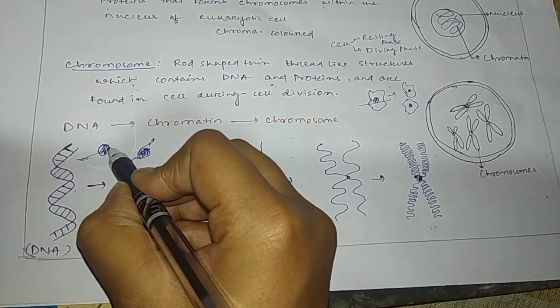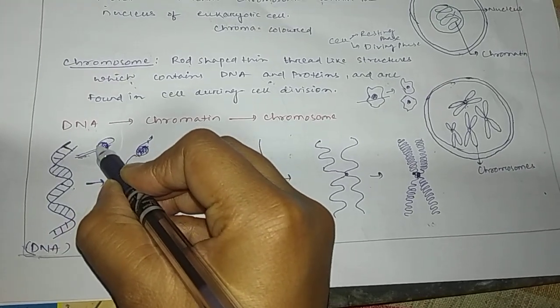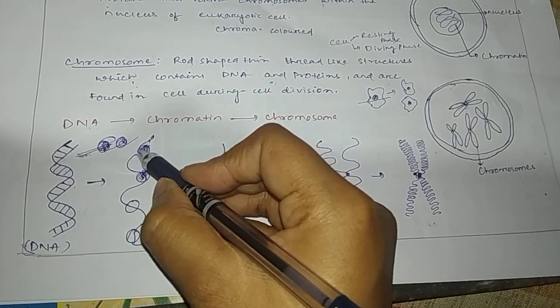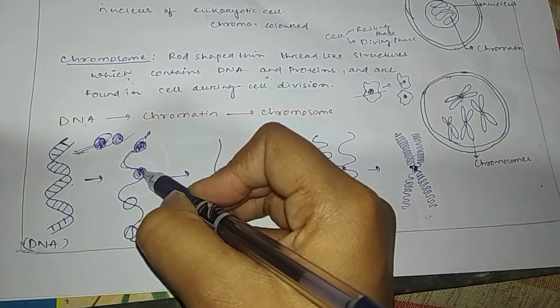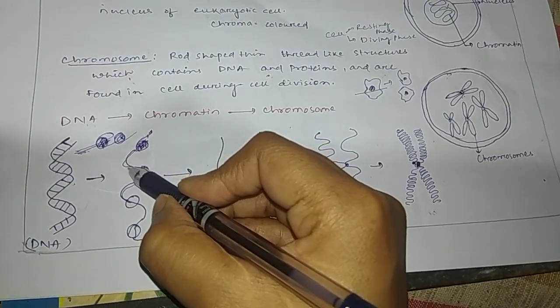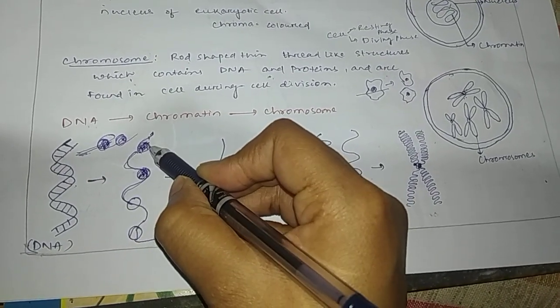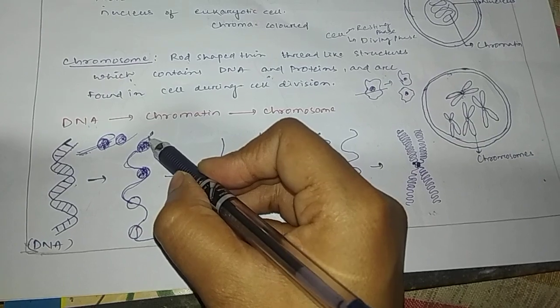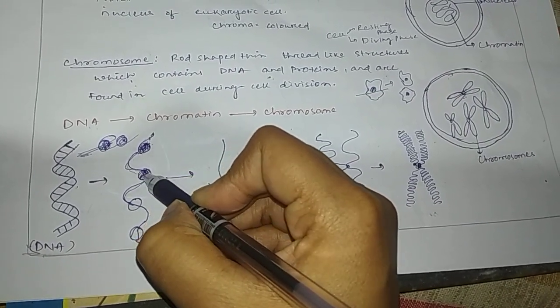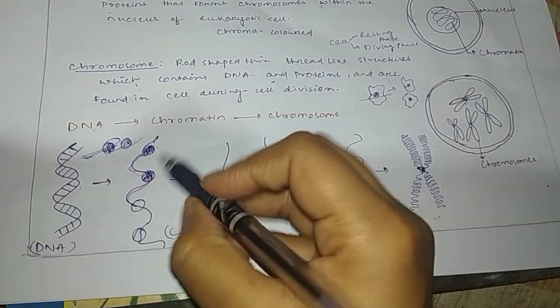Assume this as a DNA molecule. It will wrap in this manner, okay? This DNA molecule has wrapped around the protein and formed this thread-like structure, or you can see a beads-on-a-string-like structure, right? These are the beads and this one is the string, like a necklace.